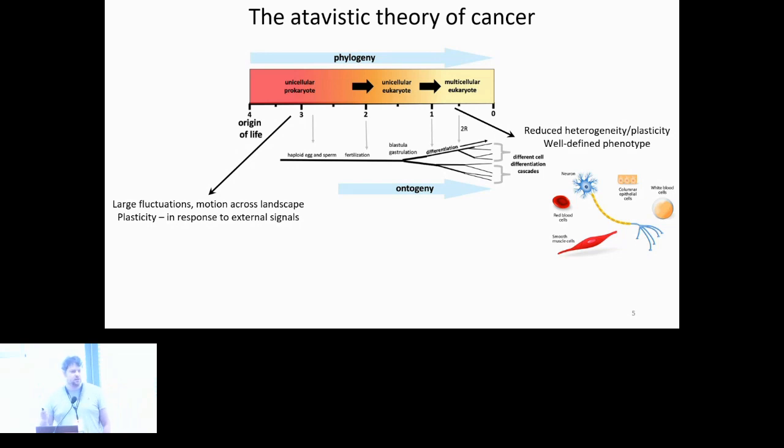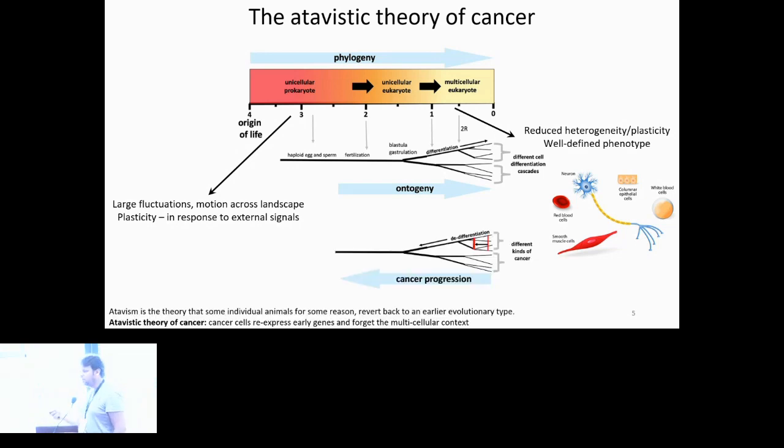But what is a cancer? You have very well differentiated cells, but these cells try to become undifferentiated cells, like at the origin of life. That's the atavistic theory of cancer.